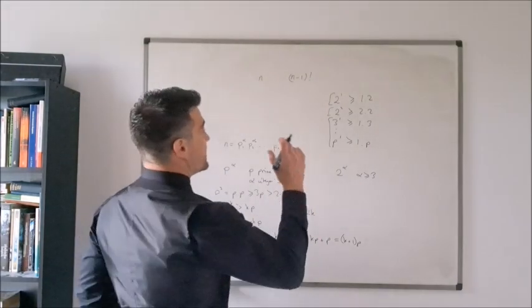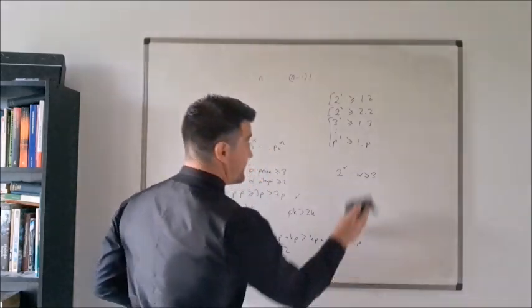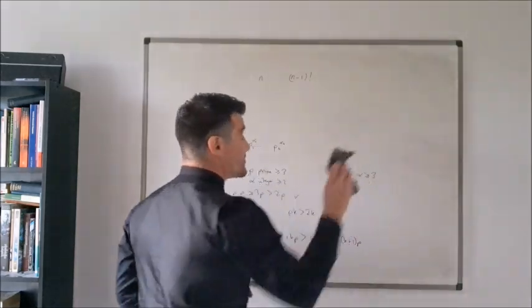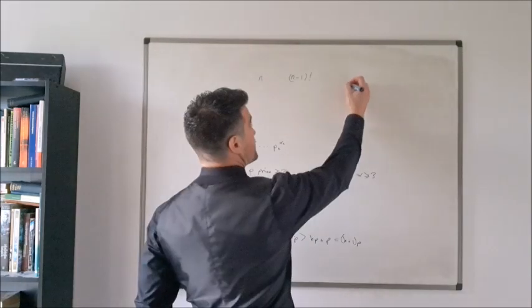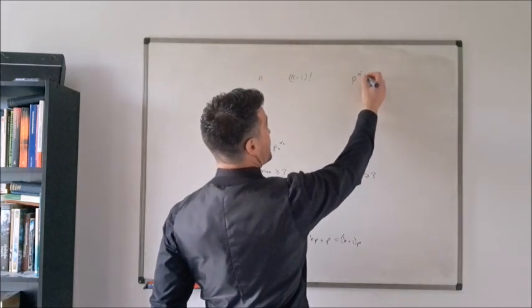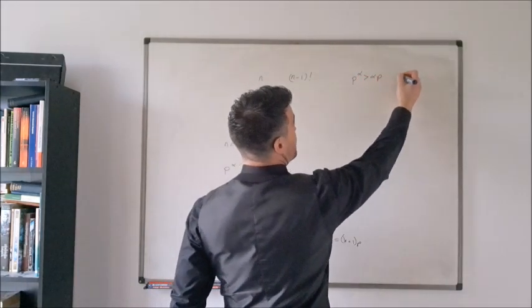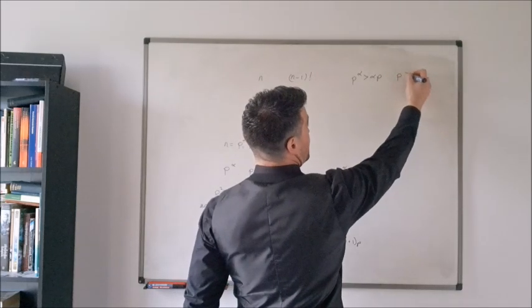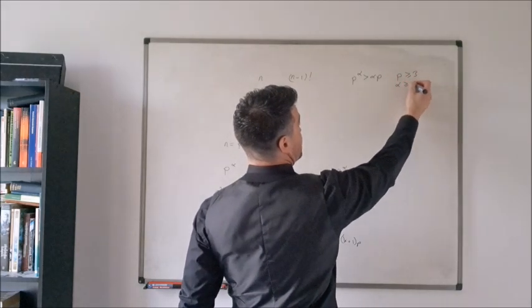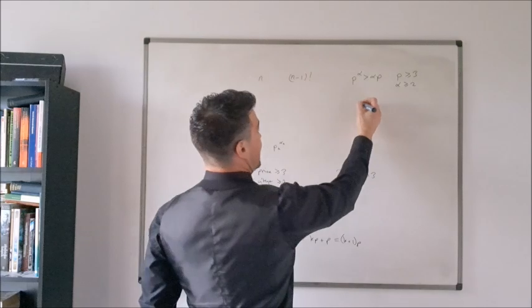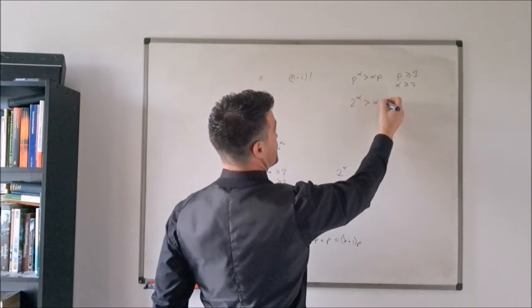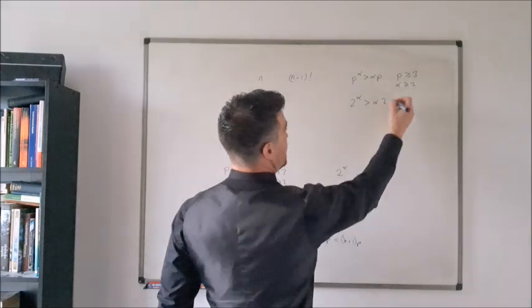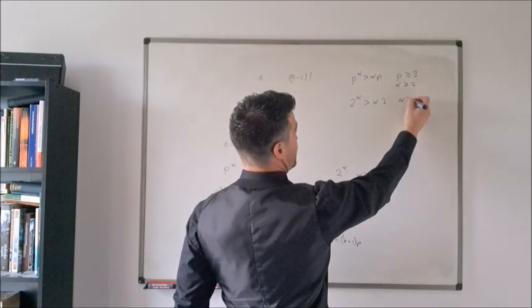Okay, so what we end up with are the following inequalities, which are going to be critical for my argument henceforth. So we've got p to the power of alpha is greater than alpha p, for p a prime greater than or equal to 3 and alpha greater than or equal to 2, an integer, and 2 to the power of alpha is greater than alpha times 2 for alpha greater than or equal to 3.